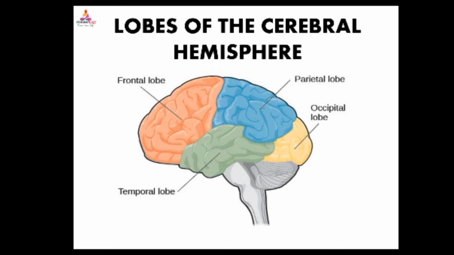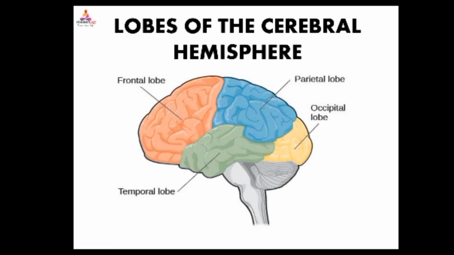Below it is bounded by the posterior ramus of the lateral sulcus and the second imaginary line. Third, the temporal lobe lies below the posterior ramus of the lateral sulcus and second imaginary line. It is separated from the occipital lobe by the lower part of the first imaginary line.